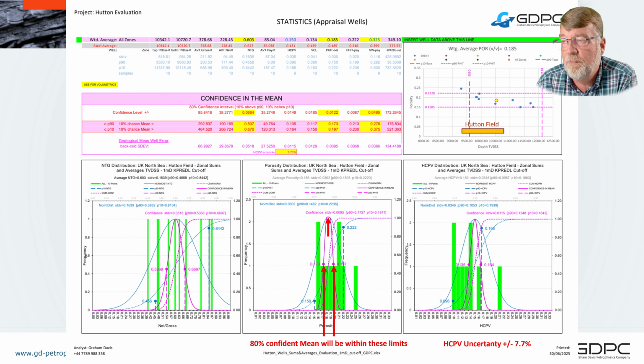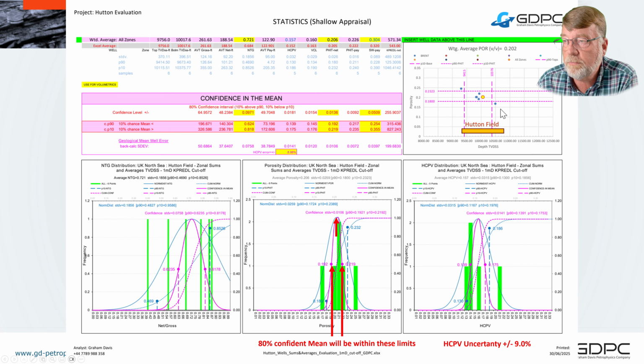So if I take out these deeper wells, now we've only got 6 wells in our population, and you can see our uncertainty increased to plus or minus 9% now. But now I'm 80% confident that the mean will fall within these limits here, although with a bigger error bar, if you like, plus or minus 9%.